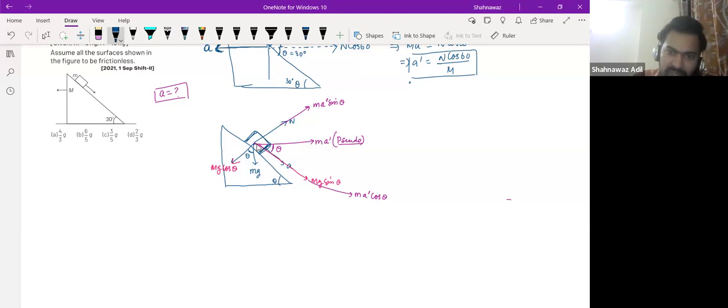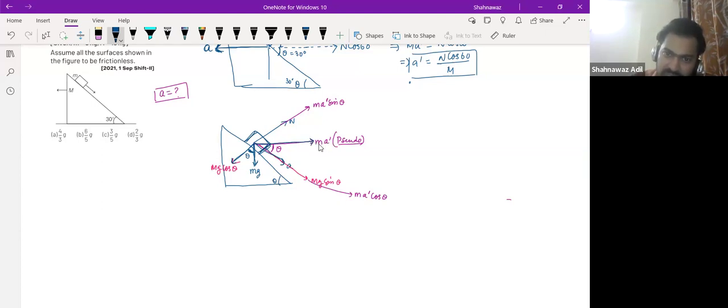So we will consider a pseudo force in this direction. And we know this is mg. This angle is theta. So this will have two components, mg cos theta and mg sin theta.